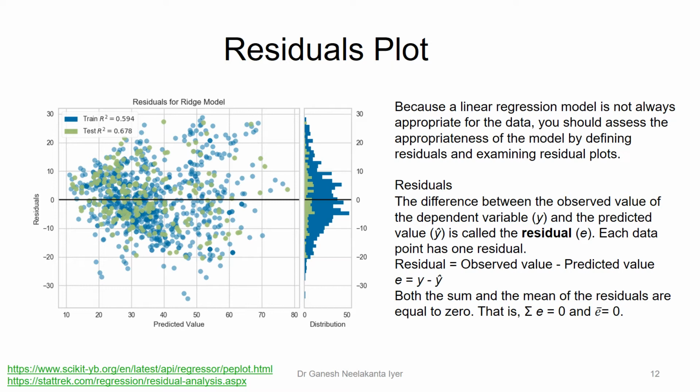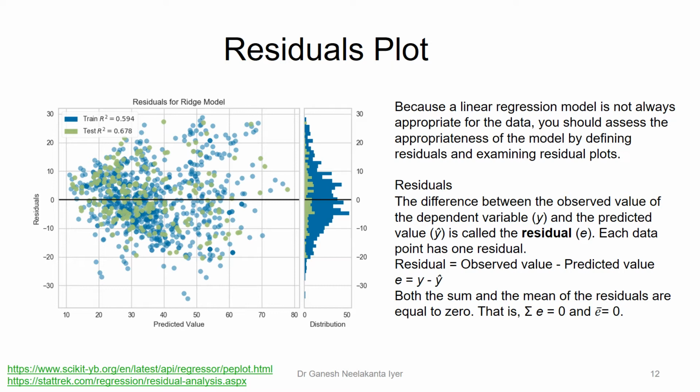You should assess the appropriateness of the model by defining residuals and examining residual plots. So what is a residual? The difference between the observed value of the dependent variable and the predicted value is called the residual. Each data point has one residual. So residual is nothing but observed value minus predicted value.